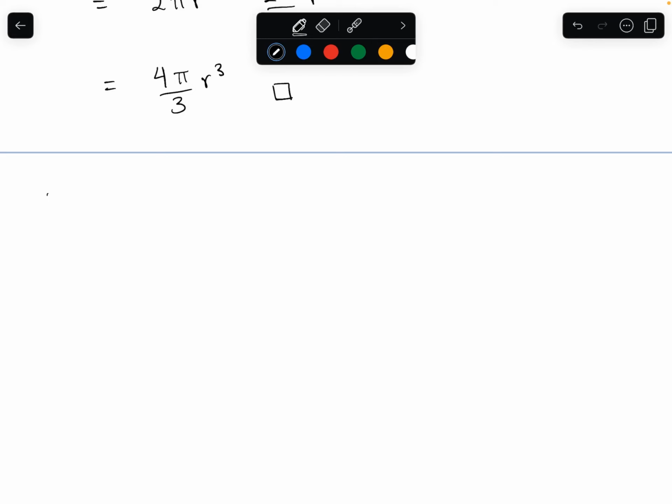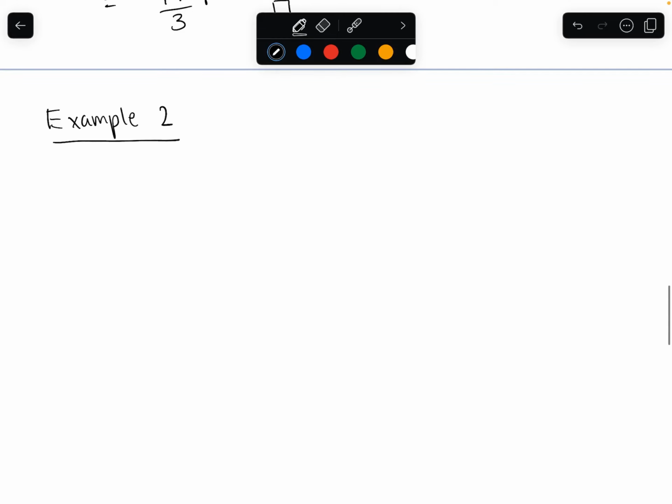Now, let's keep doing some more examples. So here's another example. Here's the picture in the XY plane, and I have this curve y equals square root of x.